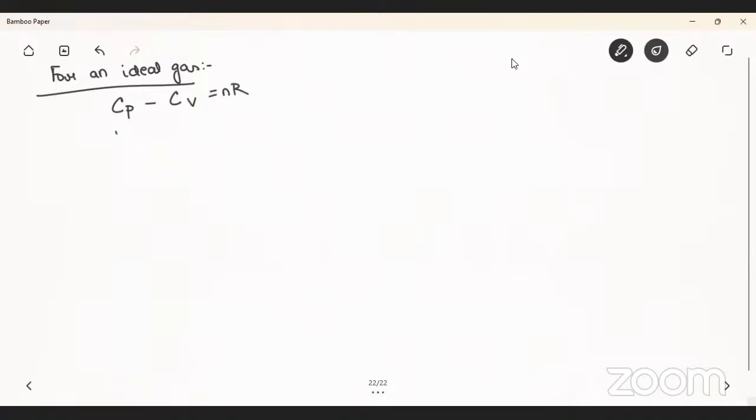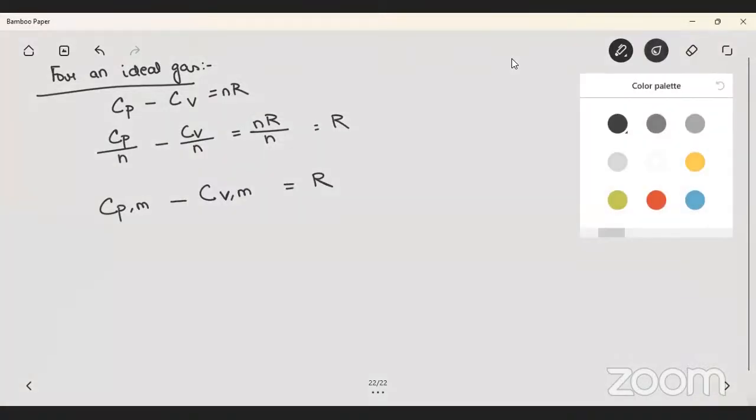Okay, and if we divide both sides by n, Cp by n minus Cv by n is equal to nR by n, which is equal to R. Okay, so CPM minus CVM is equal to R. Now you can ask me why.